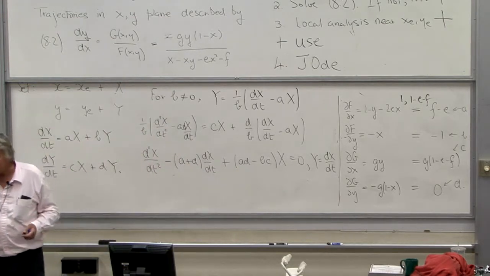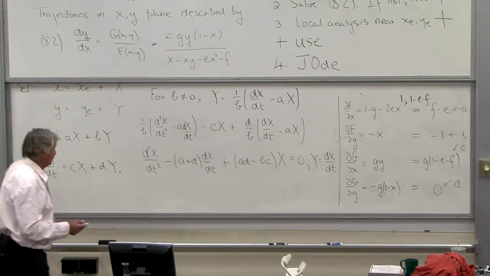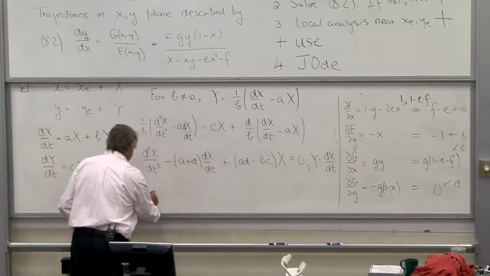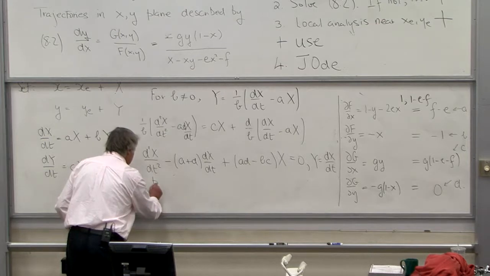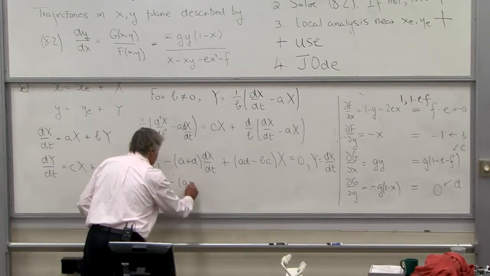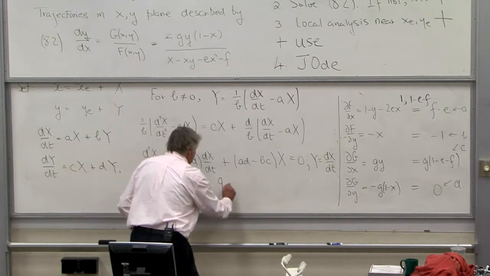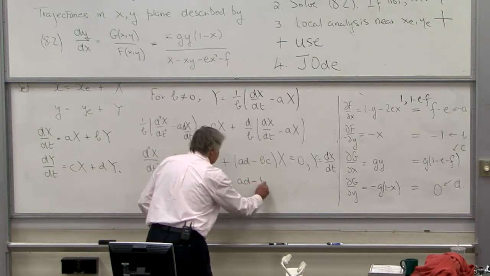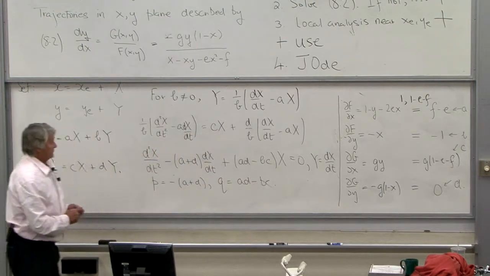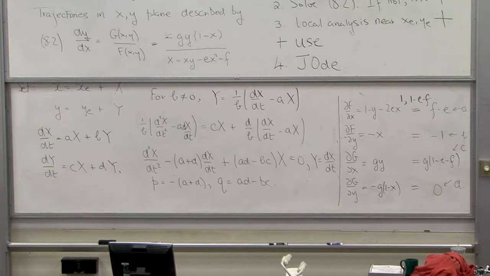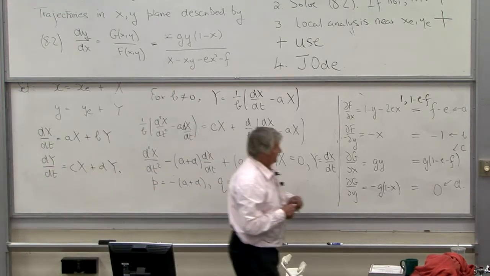So now to just again shorten my notation, I'm going to call this guy P. I'm going to introduce P as minus A plus D, and Q is AD minus BC. Okay, and now the equation we have to solve is very simple.